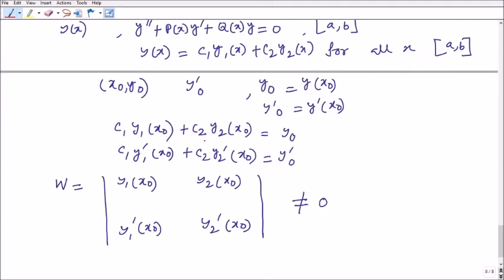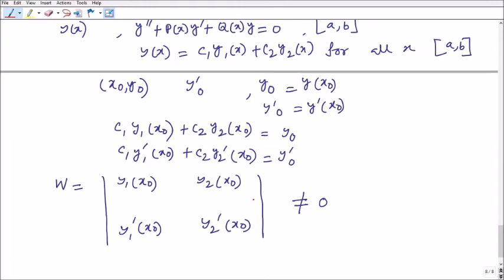Now to find C1 and C2, we have to put the initial conditions on that solution, and if we apply Cramer's rule, then this determinant should not be 0 to calculate the values of C1 and C2.